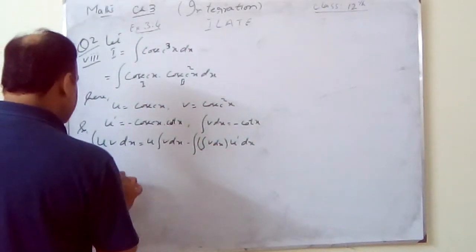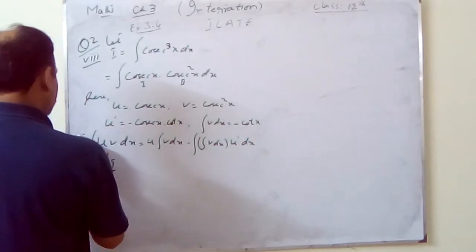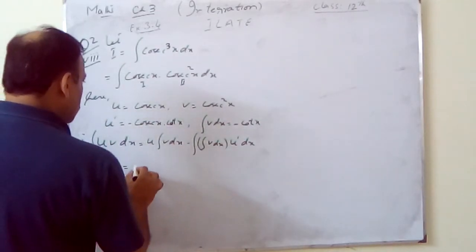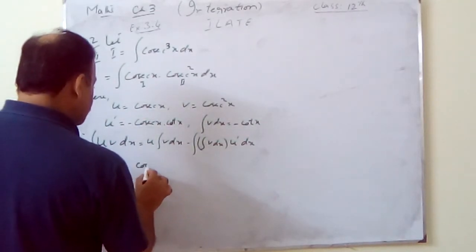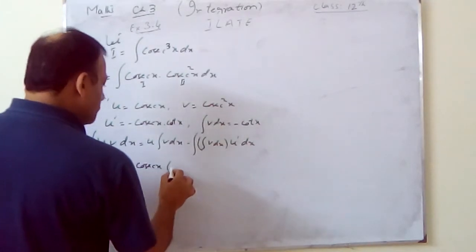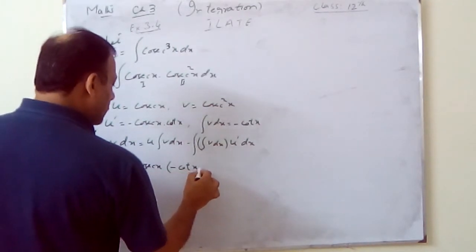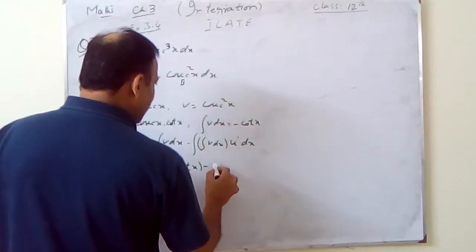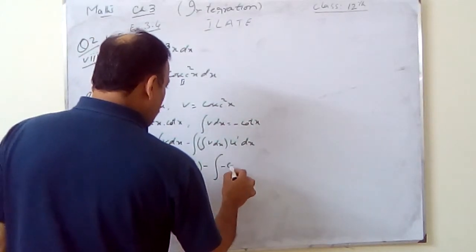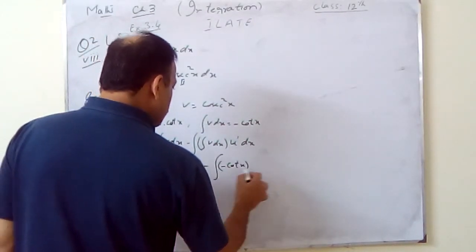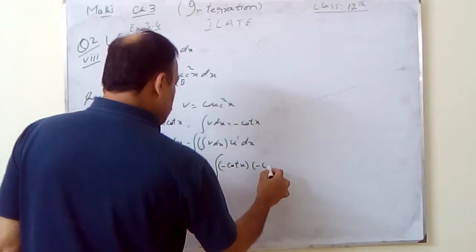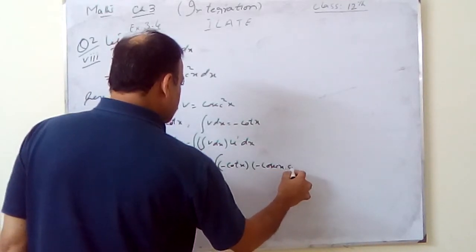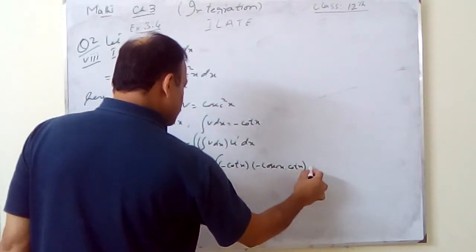So we have I is equal to cosecant x into minus cot x, minus the integral of minus cosecant x cot x into minus cot x.